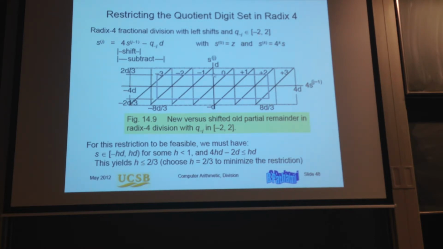Then I will always be between 2/3D and -2/3D, and then after shift, I will never go higher than this boundary. Then it cost me just the scaling, and I got rid of the 3A. Brilliant, right?